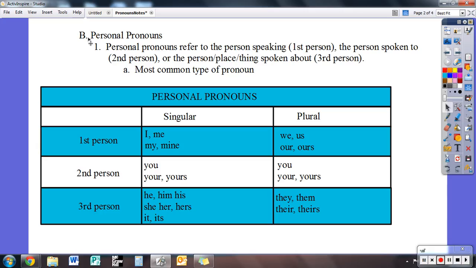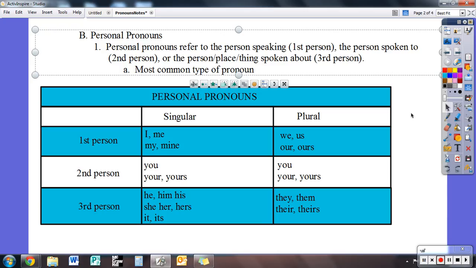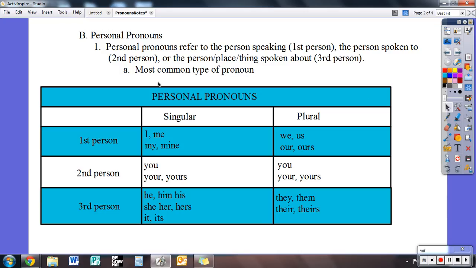Today we're starting with capital letter B, personal pronouns. Here's the definition that we went over: refers to the person speaking, person spoken to, or the person, place, thing spoken about. And note that I put it's the most common type of pronoun. I've put the chart in my notes, so I want you to copy this chart in your notes as well.